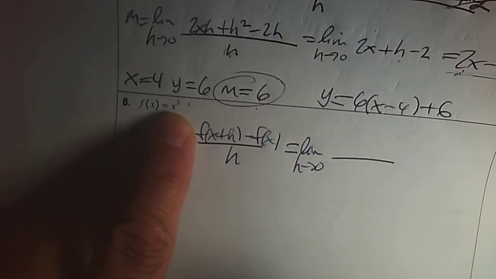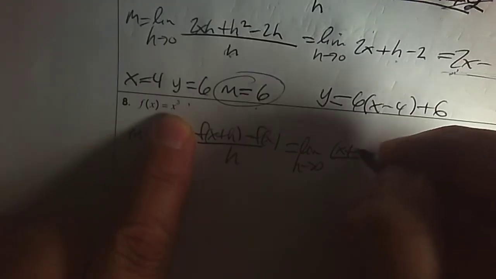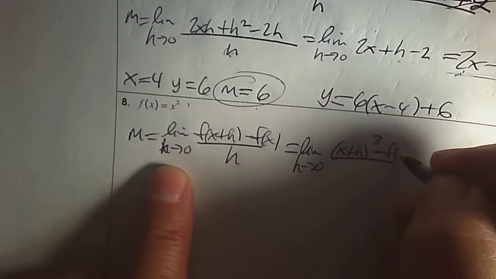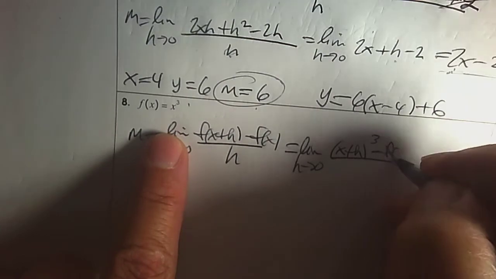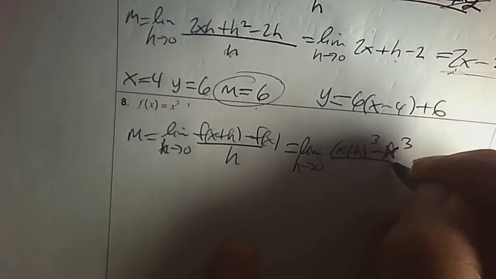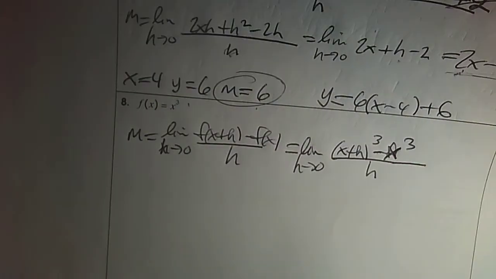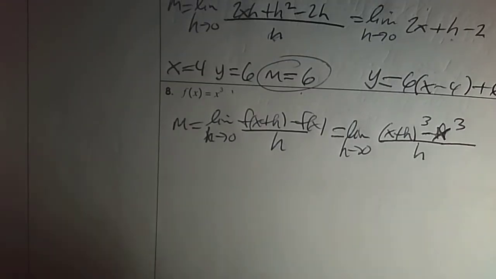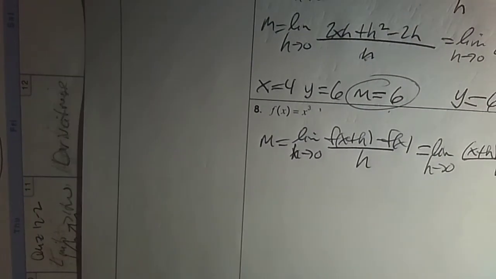Next, we're going to plug x plus h into here, cubed minus f at x. So that's just x cubed all over h. Now, this one's a little bit more challenging. So let me do this on the side. So this is x plus h and x plus h squared.